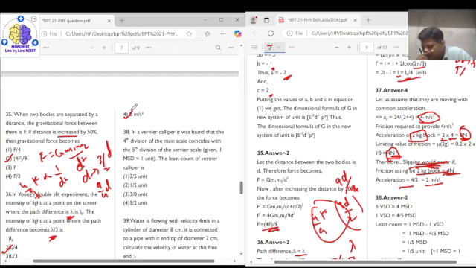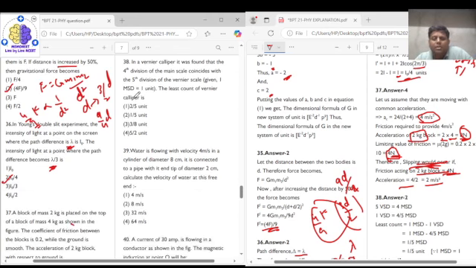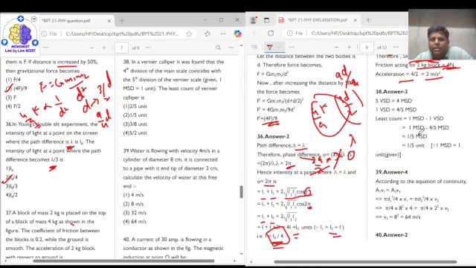Right? So coming to question number 38. Question number 38 says that in a vernier caliper it is found that 4 divisions of the main scale coincide with 5 divisions of the vernier scale. What is the least count? So 5 vernier scale divisions equal 4 main scale divisions.